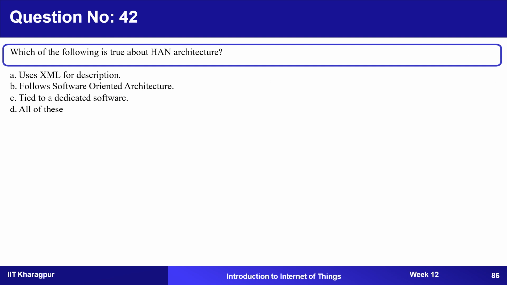Next question is, which of the following is true about HAN architecture? Options are: uses XML for description, follows software oriented architecture, tied to a dedicated software, all of these. Anyone? You can also check your notes if you are not able to recall.